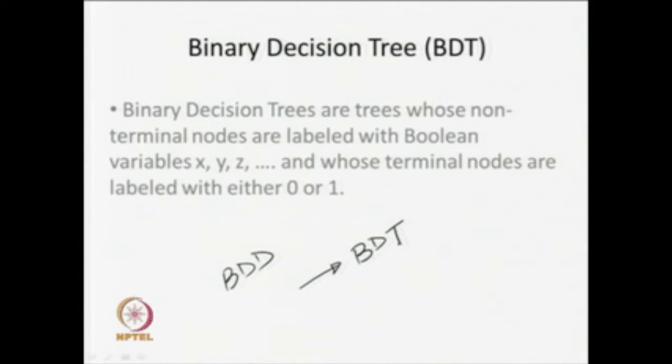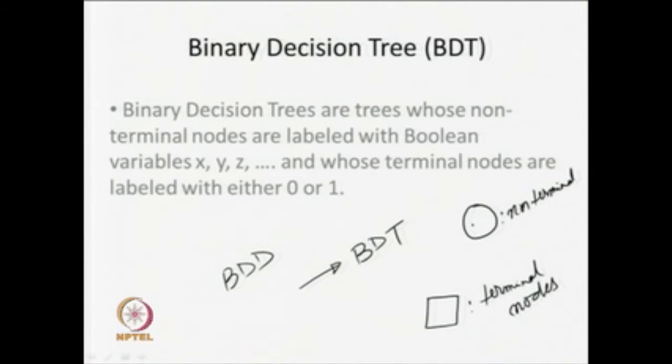When we are going to draw BDT or BDD, we use these particular circles to represent non-terminal nodes, and we use this particular square box to represent terminal nodes. Okay. In case of non-terminal nodes, it will be labeled with the variables of that particular function.